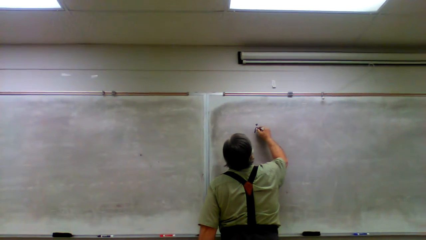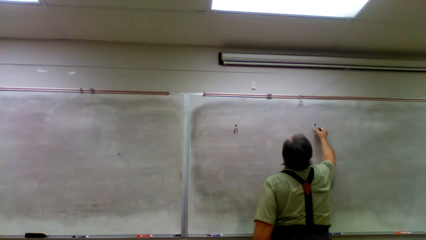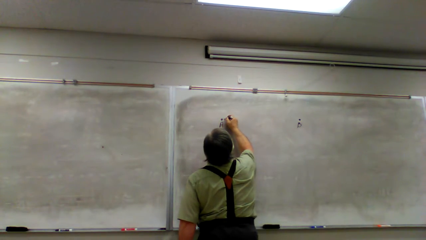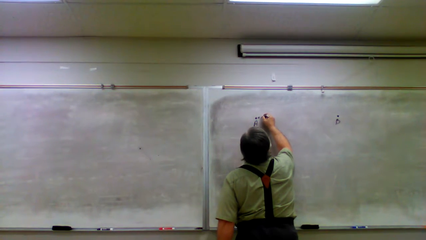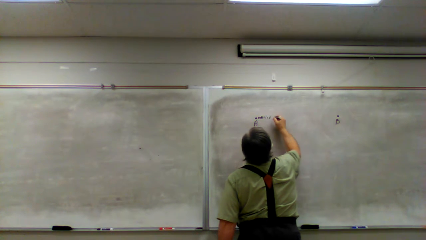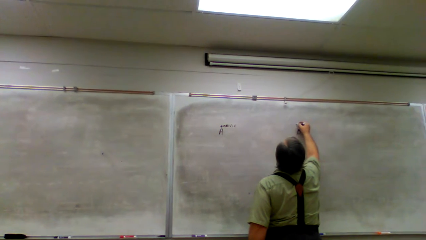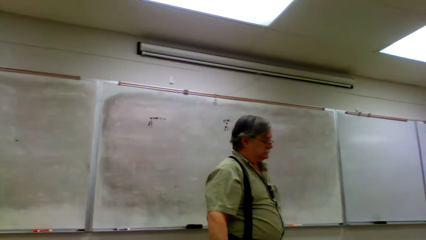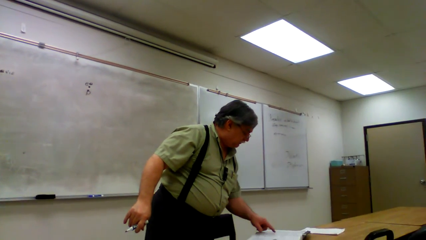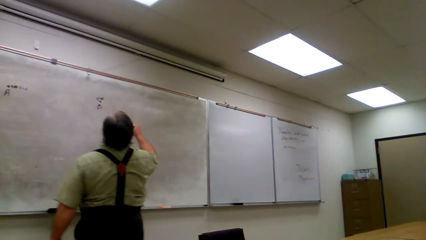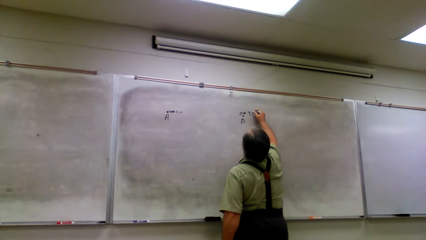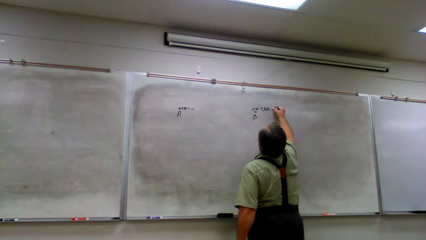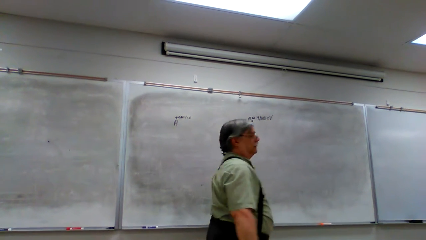Point A, point B. Electron starts from rest here, and here it has 4.8 keV (4,800 eV) of kinetic energy.